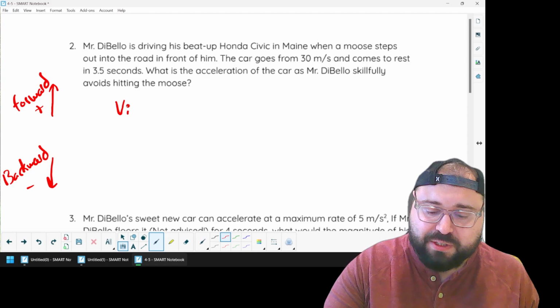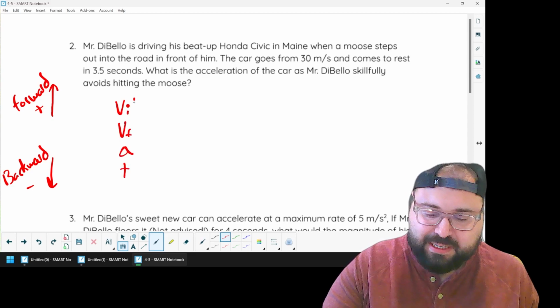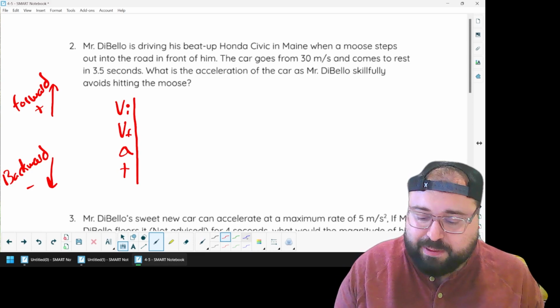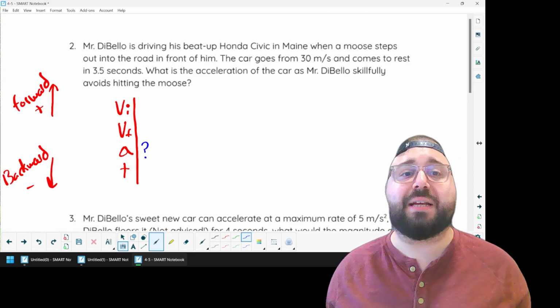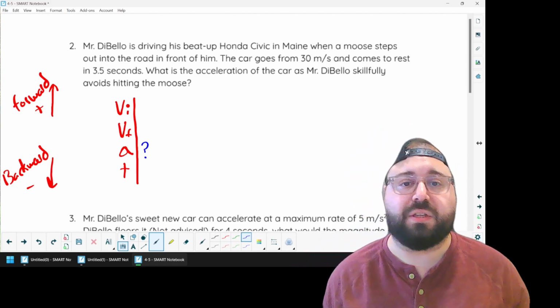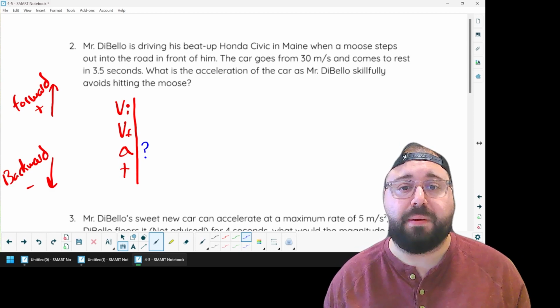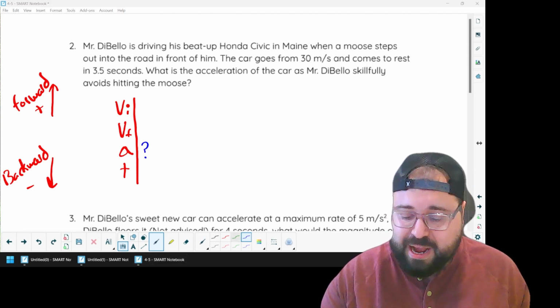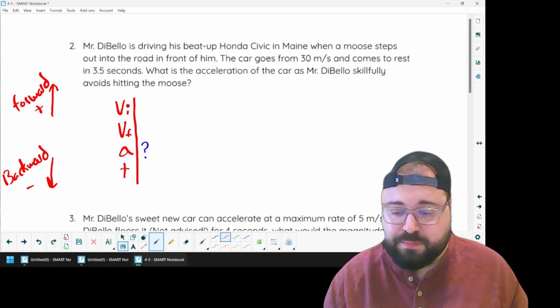So I'm going to start again with the same stuff, VI, VF, A, and T. Now, this time again, we're being asked for acceleration, so I'll put my question mark there. I always like to put that question mark in for what we're finding first. I think it helps focus the problem a bit more. All right, so now let's grab the other values that we have.